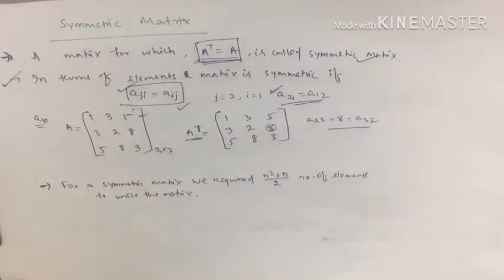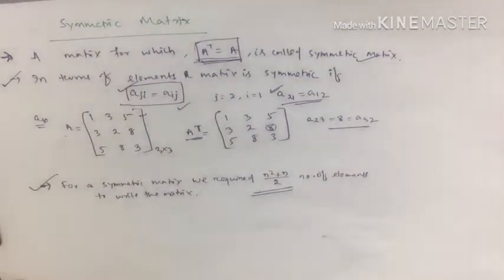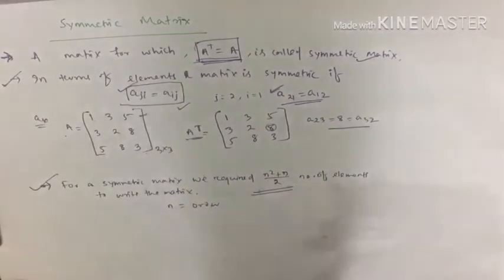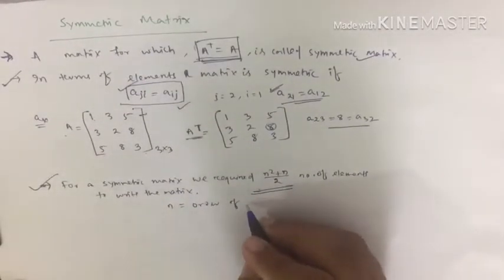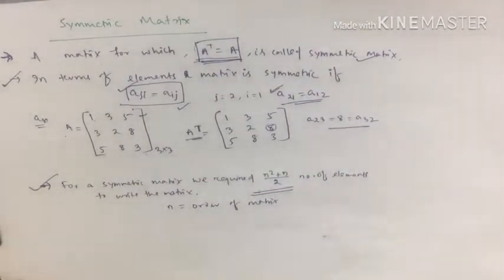Okay. So the important point you have to remember: for a symmetric matrix, you require n square plus n by 2 number of elements. This number is important. N square plus n divided by 2 number of elements to write the matrix. So n is nothing but the order of the matrix. It may be second order or third order or fourth order or fifth order and so on.